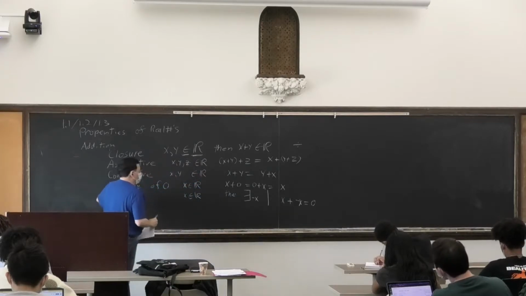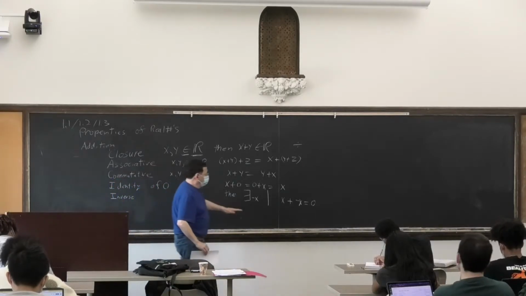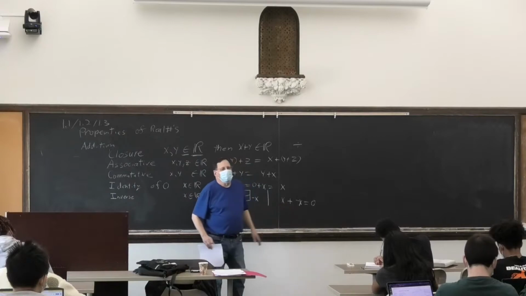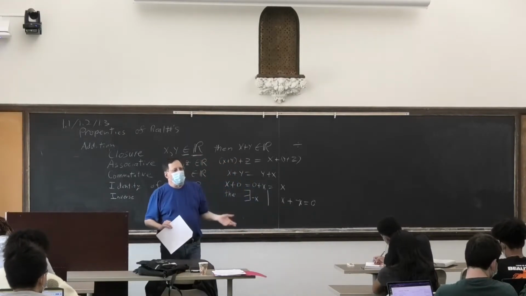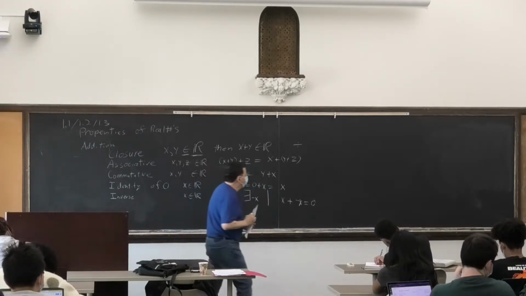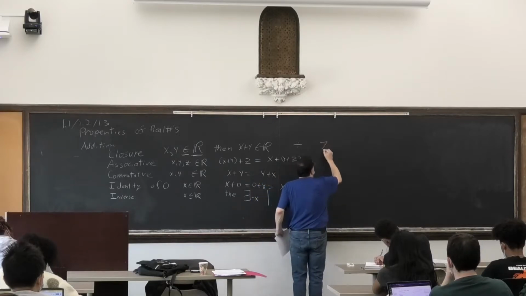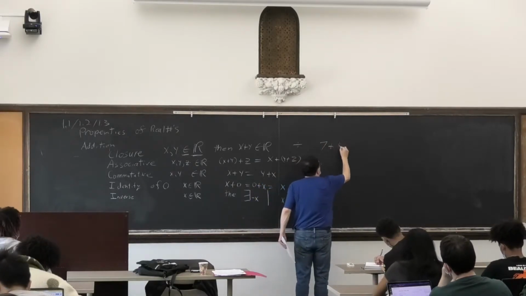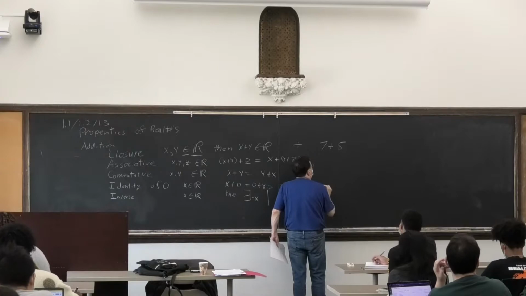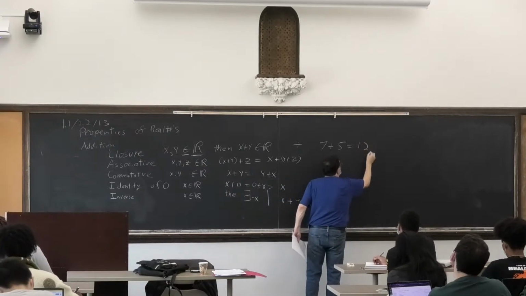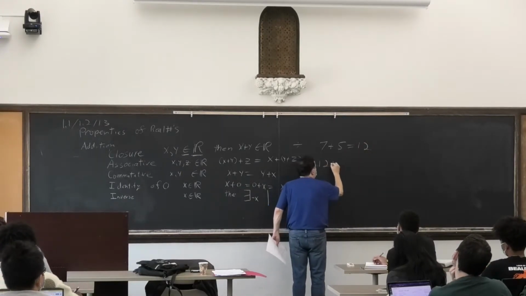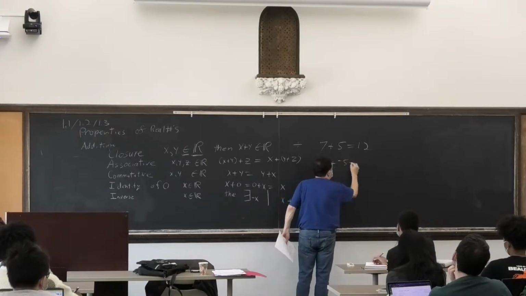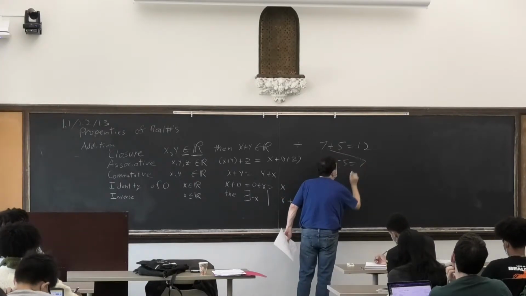That's the inverse property. This is important because it means if you add something, like we start with 7 and we add 5 to it, so we're going to get 12. But there's always a number we can add, -5, which gets us back to 7. Right?